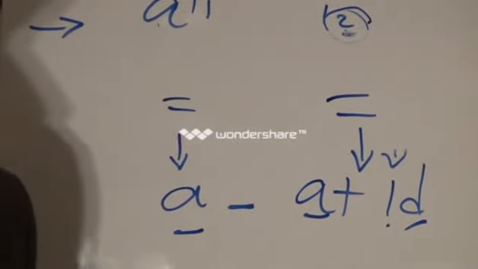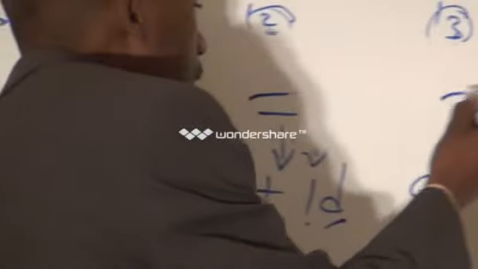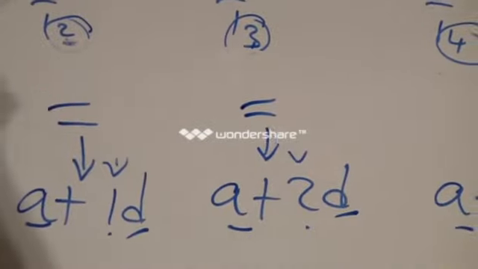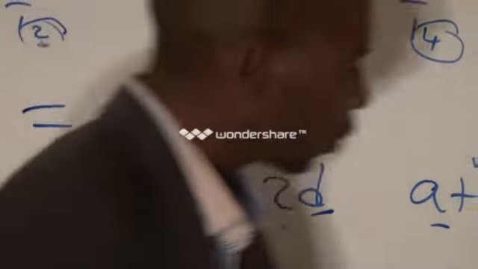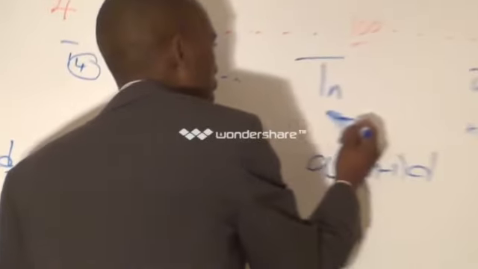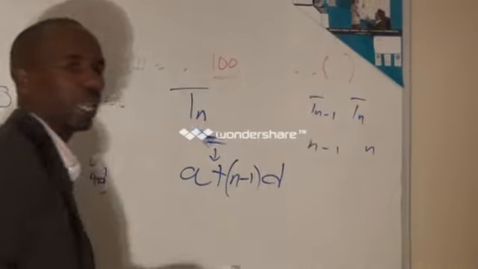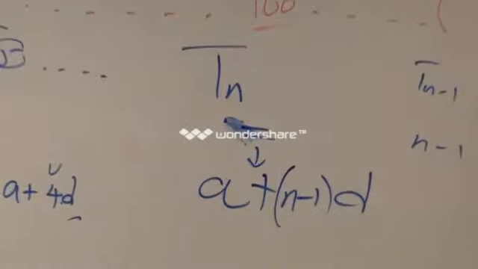That's our second term. Our third term, A plus 2D. And we continue. Our nth term, Tn, is equal to A plus n minus 1 times D in general.